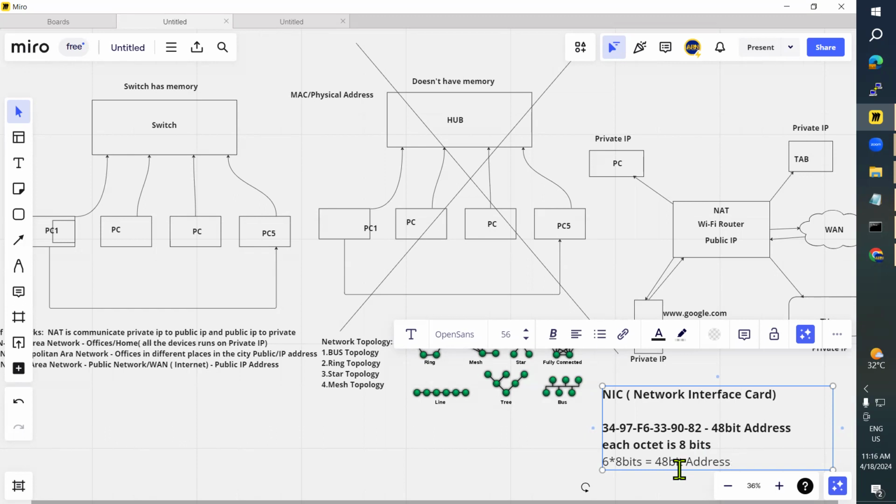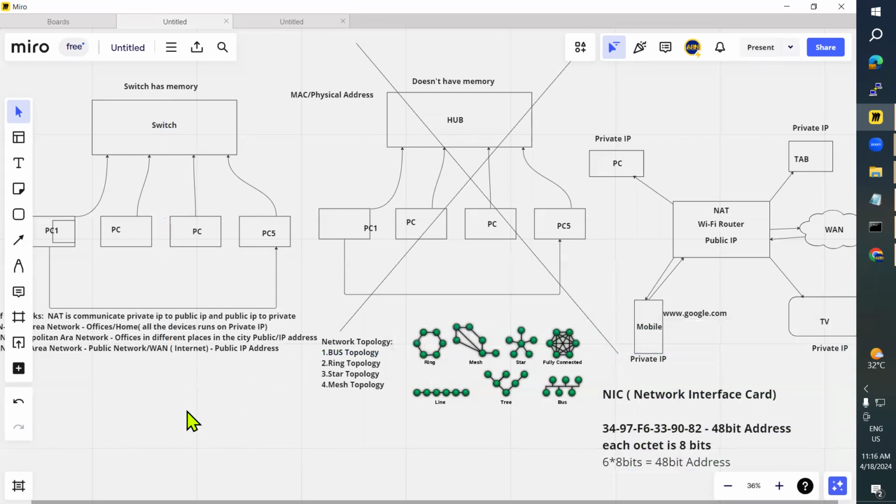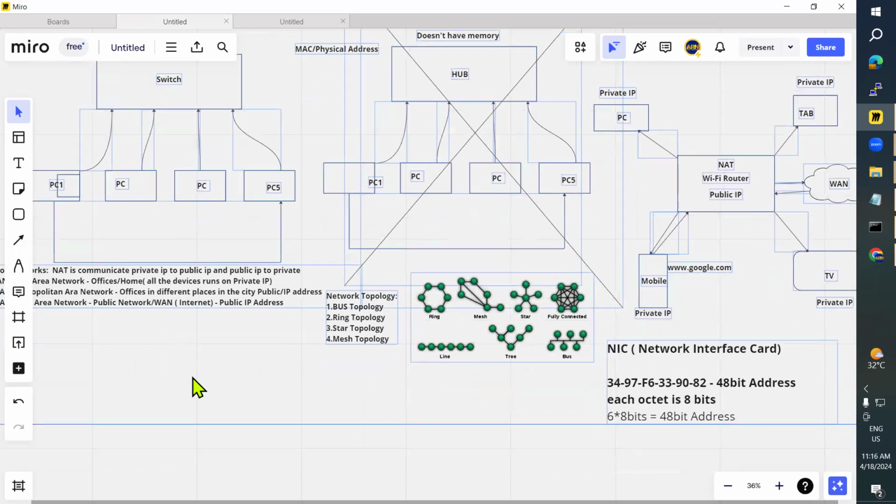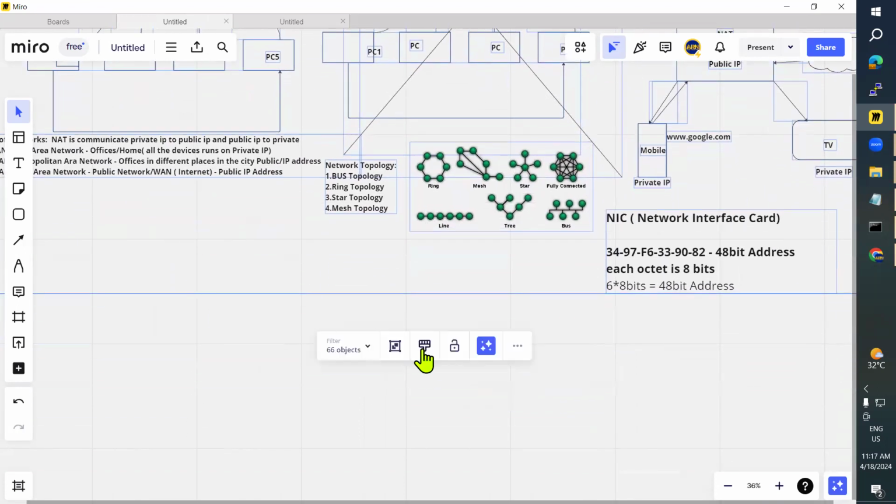Next, Ethernet card speed. There is a network, so network means speed, right? So what is the speed?